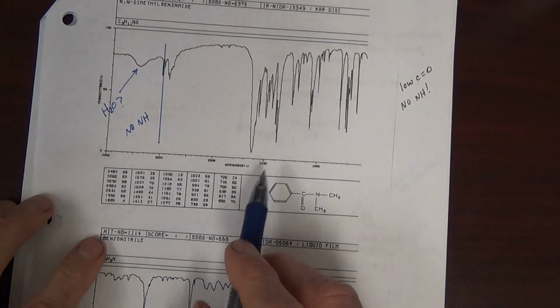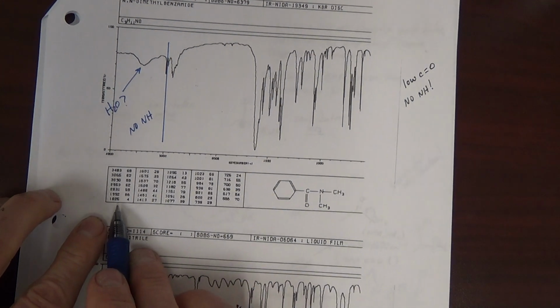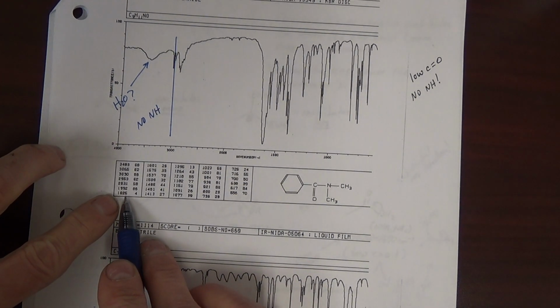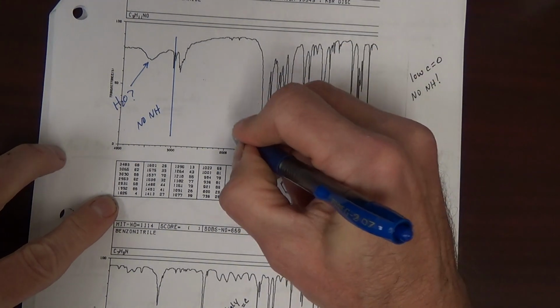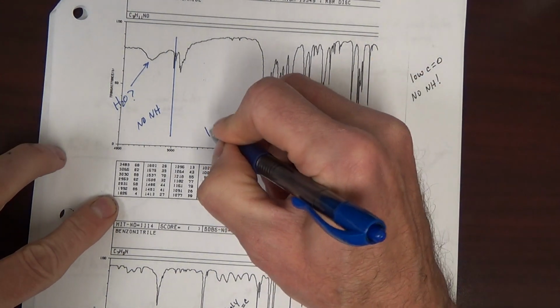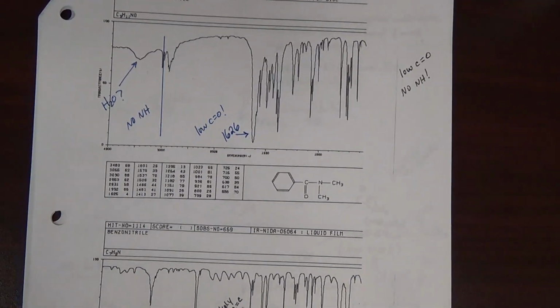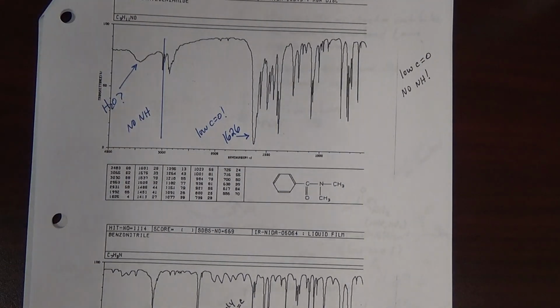Low carbonyl, 16, what is that, 20? 25? Is that a 5 or a 6? I think it's a 6. 1626. That's quite low. That's probably about the lowest you'll ever see a carbonyl.